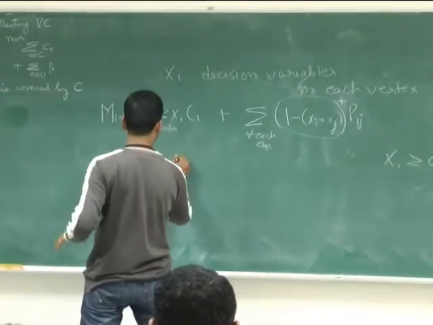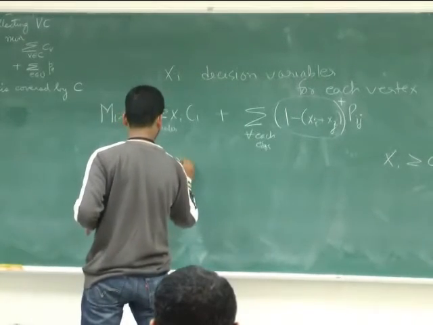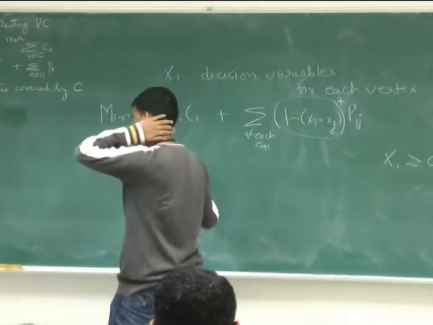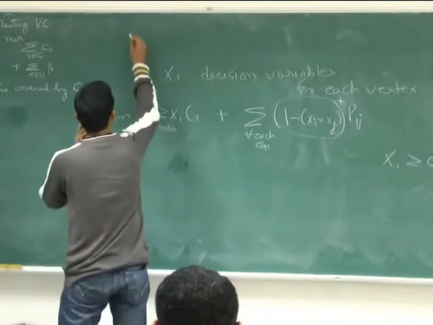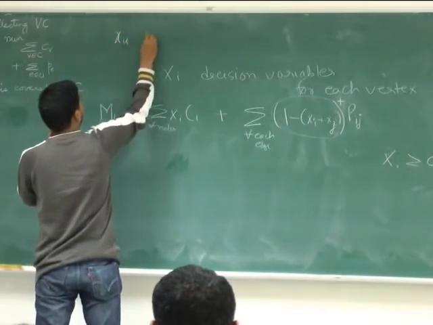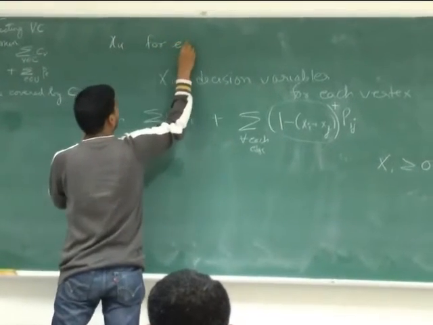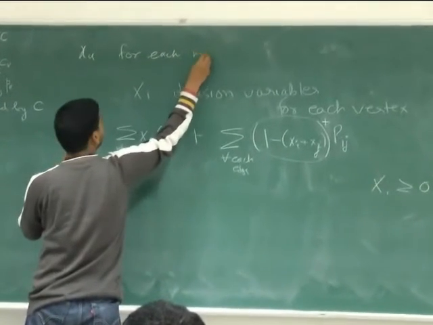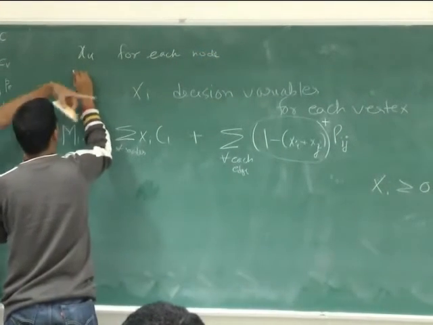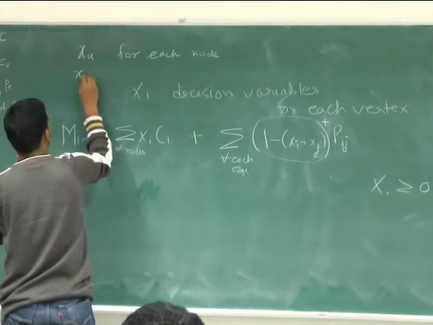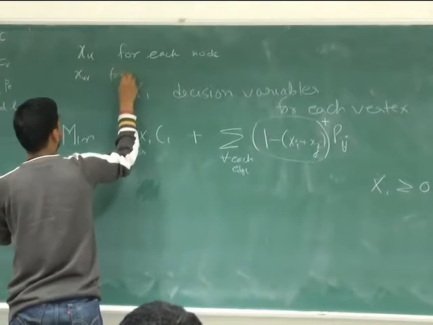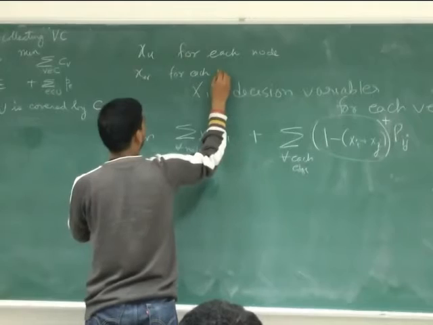Write down what the variable is up here. You have some space. XU you already have. It's already down there, so you don't need to repeat. And then X UV, right, for each edge UV. Good.